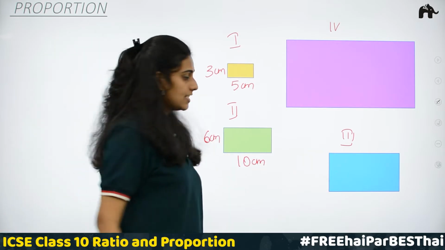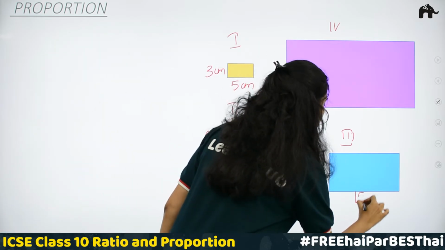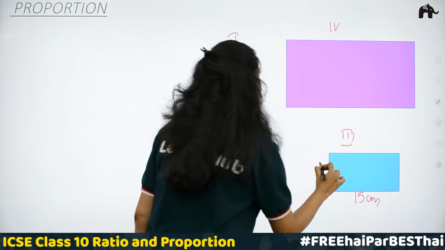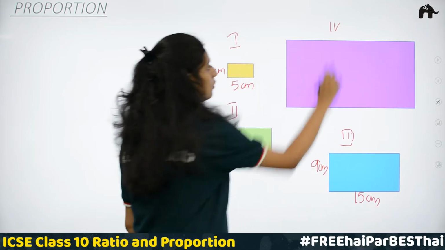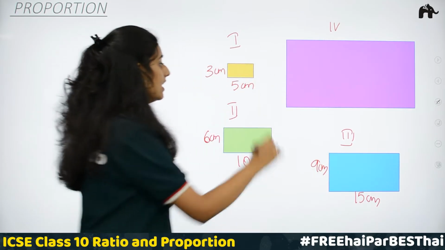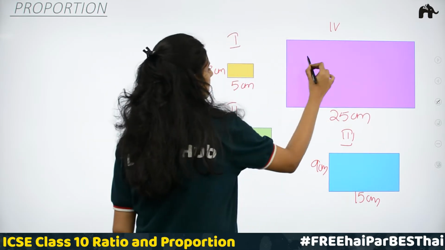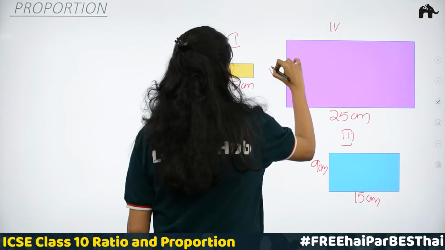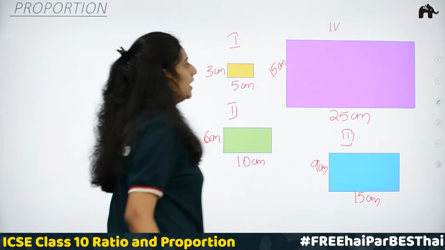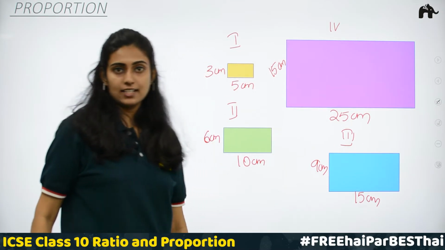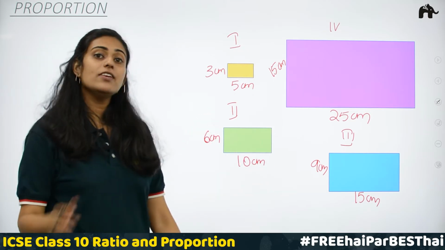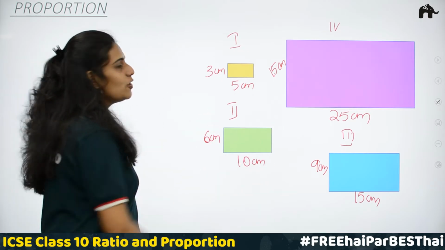For the third, the length is 15 cm and the breadth is 9 cm. For the fourth, the length is 25 cm and the breadth is 15 cm.